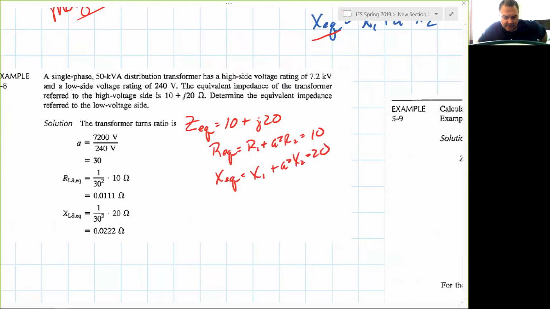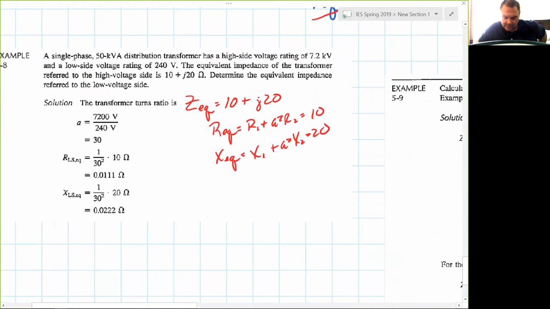It says determine the equivalent impedance referred to the low voltage side. Well, all we have to do is take R equivalent. So these calculations have already been completed. We just have to divide each of these by the square of the turns ratio. So R equivalent would be equal to 10 over A squared, over 7200 over 240 squared.